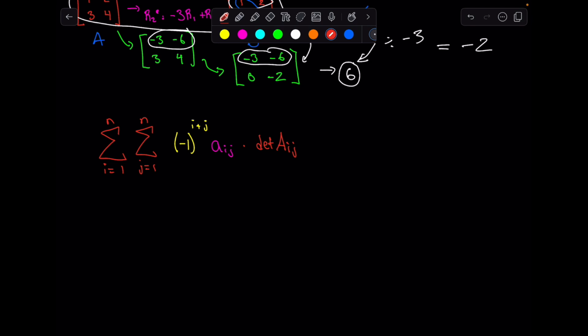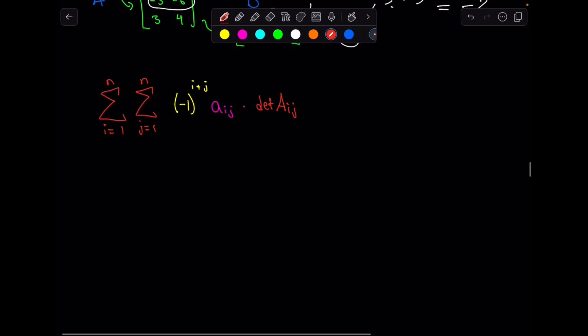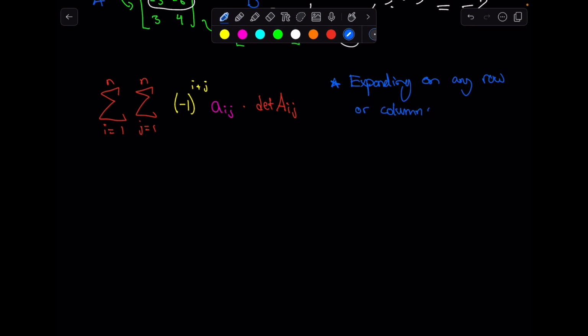Now that we have a little bit of exposure under our belt, this is the same thing as we did before, but this incorporates the fact that we can calculate the determinant by expanding on any row or column.